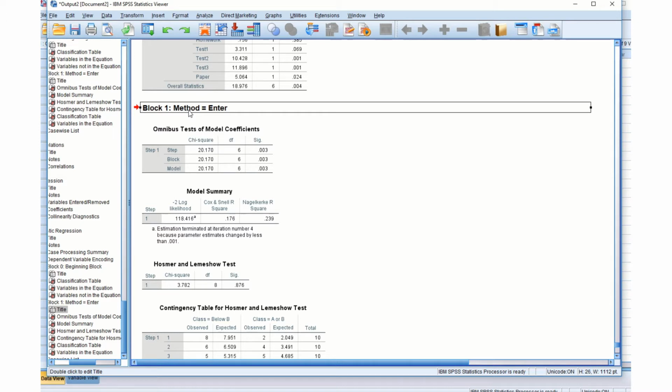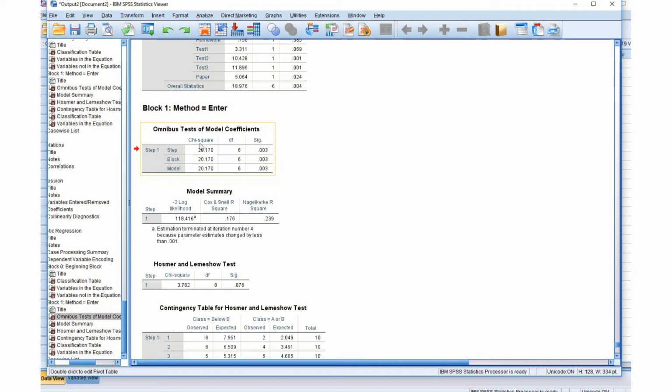Okay, so in this model here, this Omnibus Test box indicates that the model that we have created is significant, in that it better predicts above and beyond the base model, in terms of how well it predicts case placement.